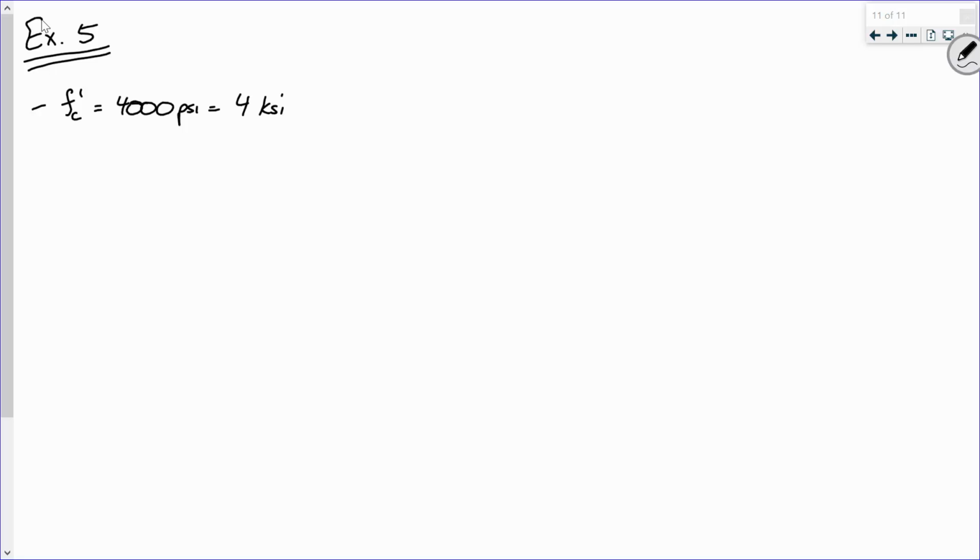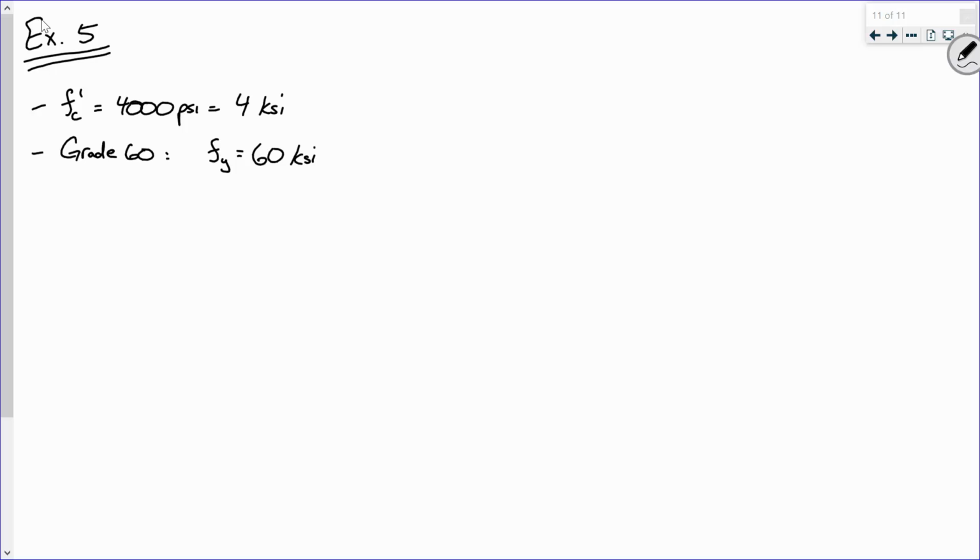I'm probably going to operate more in ksi for this just to keep the calcs manageable. Now, what was the grade for the rebar? Grade 60. So what is f sub y? If it's grade 60, it's just 60 what? There we go.